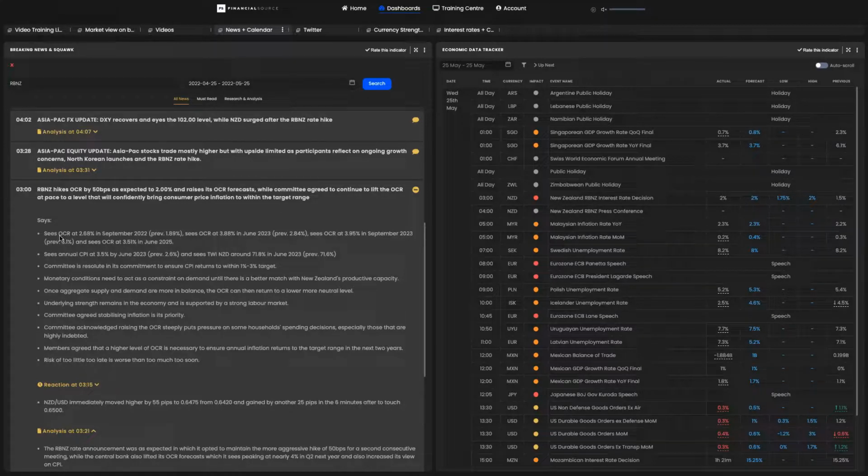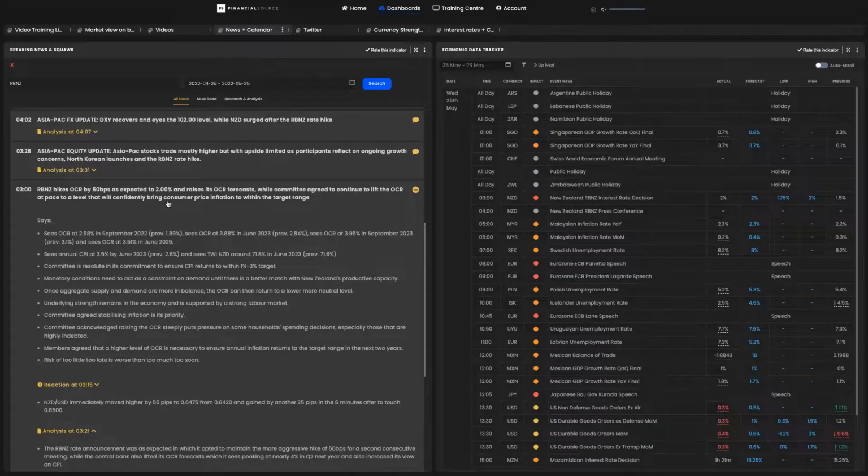You can see that now it sees the official cash rate, that's just the Reserve Bank of New Zealand's term for interest rate, at 2.68% in September and 3.88% in June 2023. And they see the official cash rate nearly 4% for September 2023.